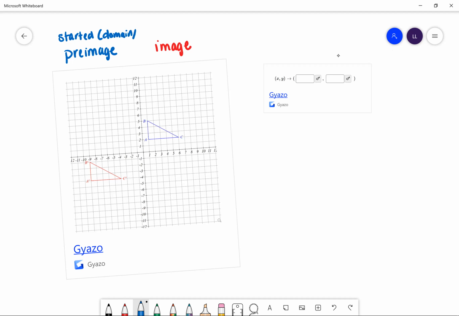It's our input, right? And then the image is where we ended, the resulting picture. So remember that is our range, right? That's our output.